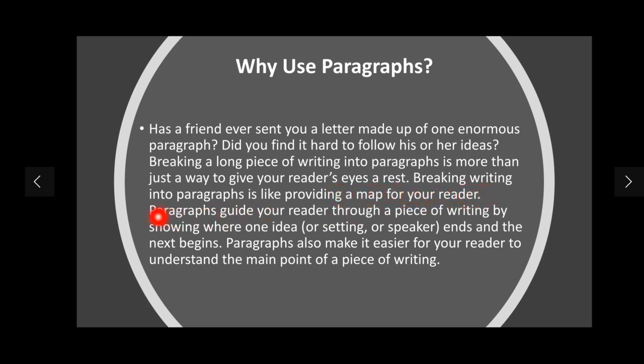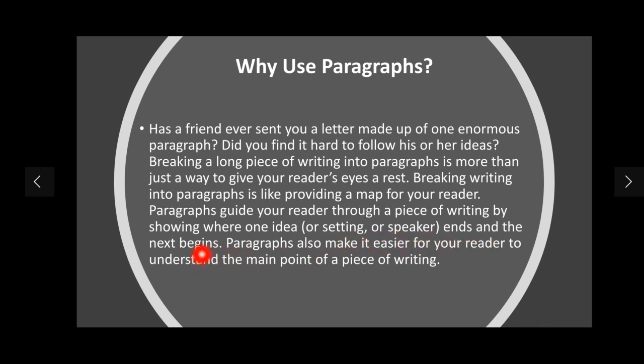Breaking writing into paragraphs is like providing a map for your readers, right? So it will make your writing clear for the readers if you break writing into paragraphs. Paragraphs guide your reader through a piece of writing by showing where one idea or setting or speaker ends and the next begins.